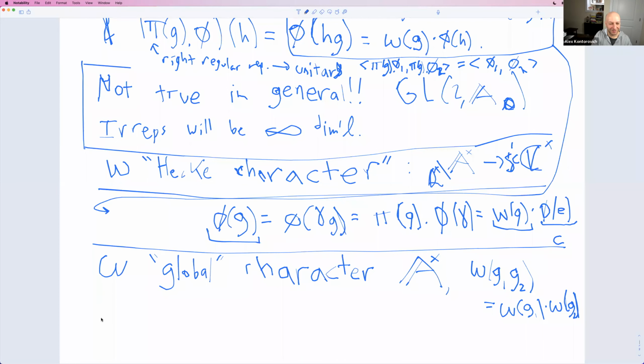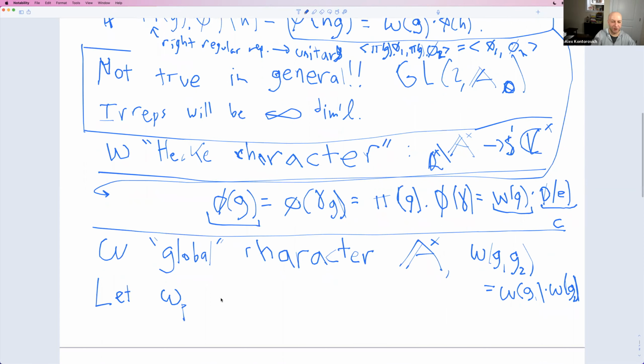So we're going to let omega sub p, or nu, if we want to think about it even more generally than just for the primes, let omega sub p of g_p be the value of omega on the number.